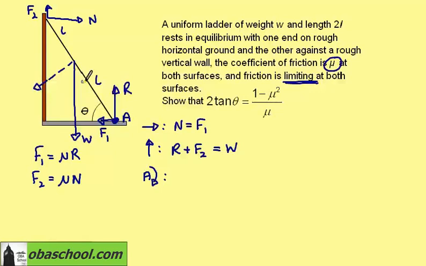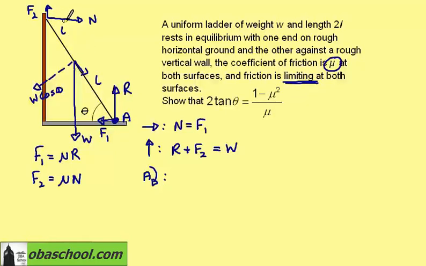This angle here would be 90 minus theta, so this angle here would be theta. It follows the component that we're interested in is W times the cosine of theta. The other component acts directly towards A, so has no turning effect.